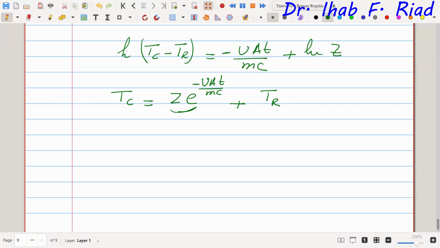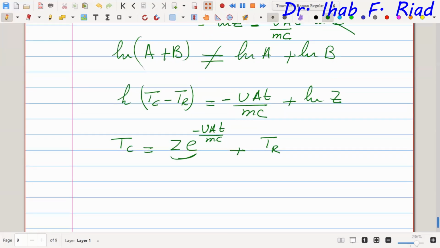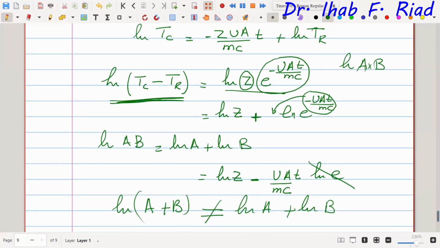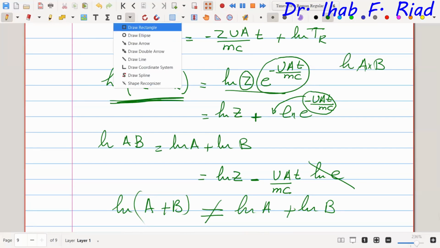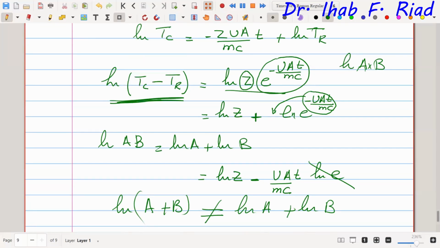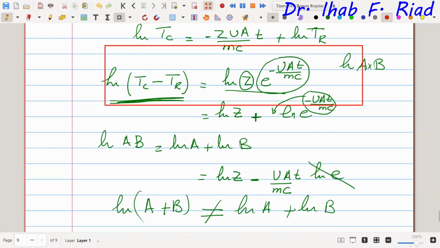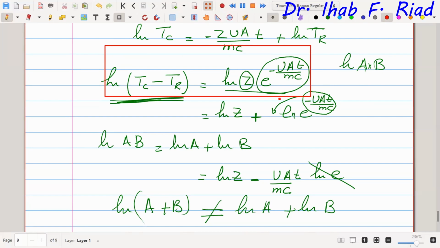The first step is to take the ln function of both sides, like this. We don't say that we are taking this ln function, and after we are done, then we take the ln function on the other side.